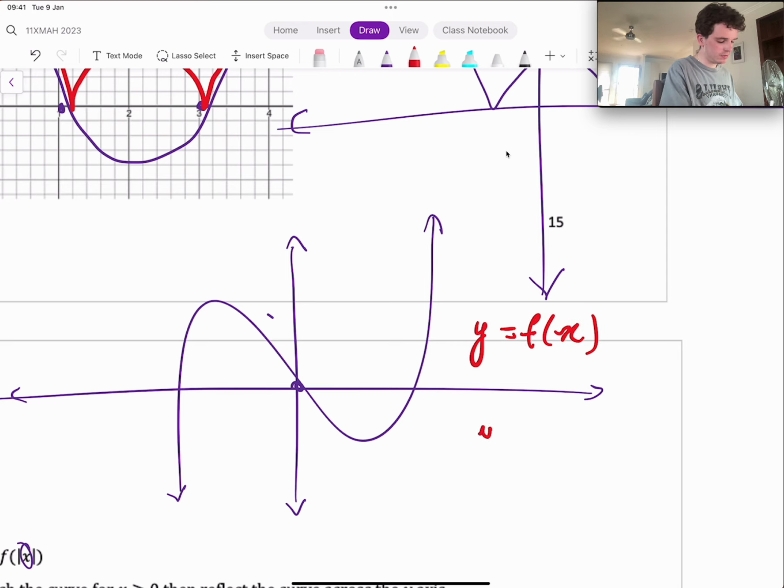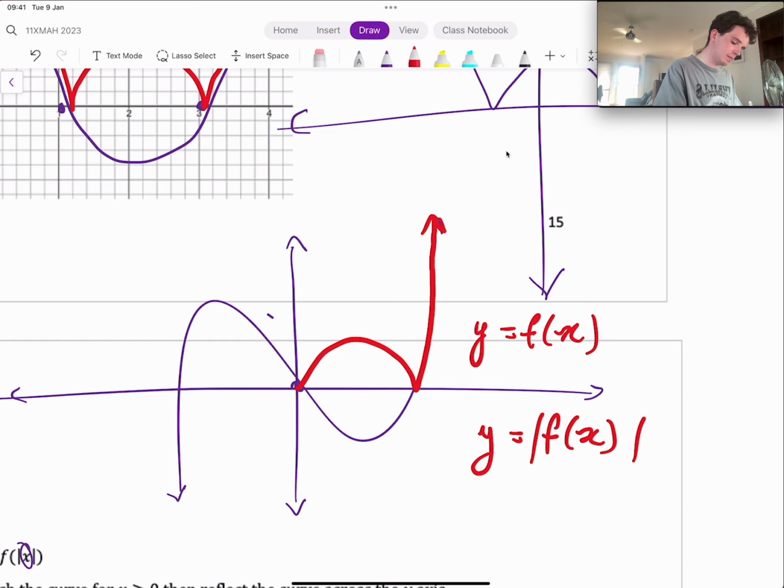To take the absolute value of that function, y is equal to the absolute value of f of x, all of this remains the same, this goes up here, this remains the same, and then that goes up like that. So the original function is the blue bit, and the red bit is my absolute value function. All it does is reflect everything on the bottom up to the top.